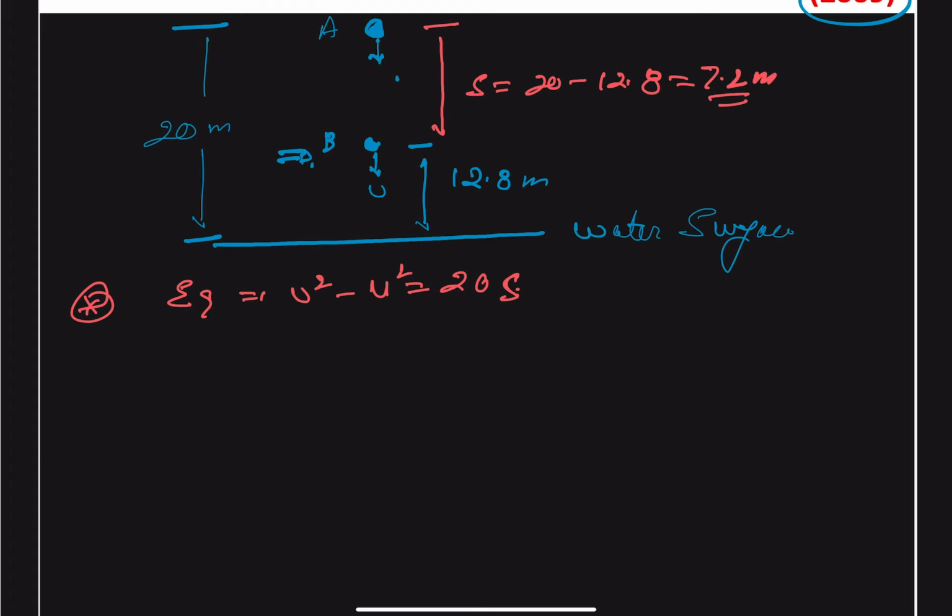And initial velocity is 0 because it was dropped from here, so this was our 0, and here a will be equal to g. So we get that v is equal to square root of 2gs.